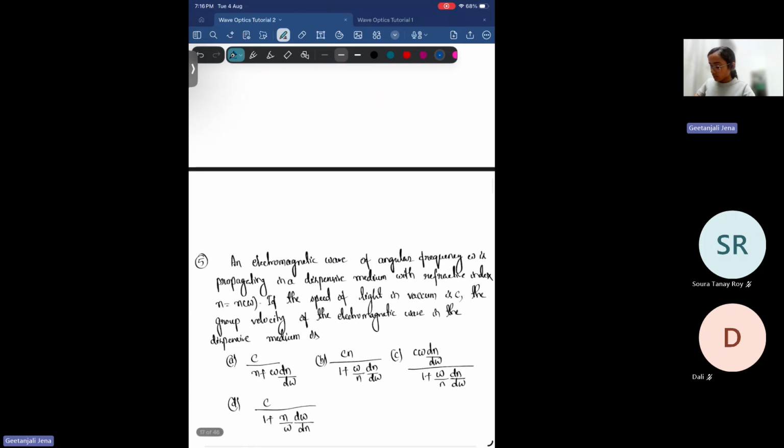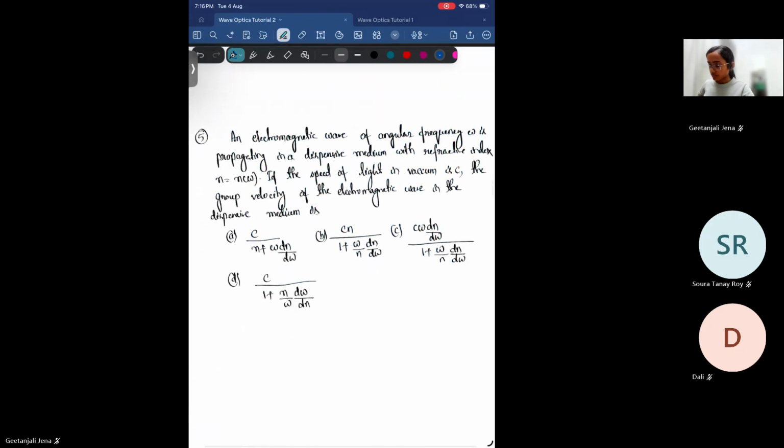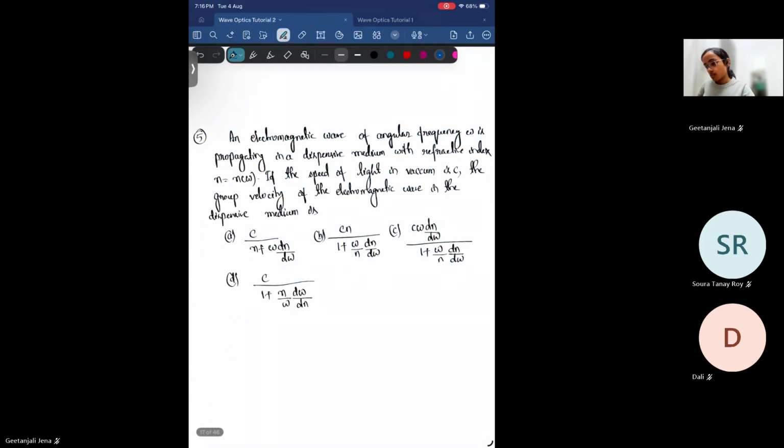Okay. So the next question: we have an electromagnetic wave of angular frequency omega. It is propagating in a dispersive medium with refractive index n of omega. If the speed of light in vacuum is c, what is the group velocity of the electromagnetic wave in the dispersive medium?